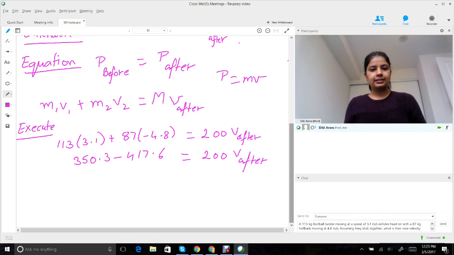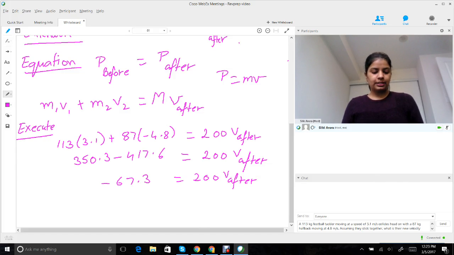Now what should be the next step? Yes, we need to solve the left hand side first. What do we get? That's right, even I got negative 67.3 equals 200 V after.